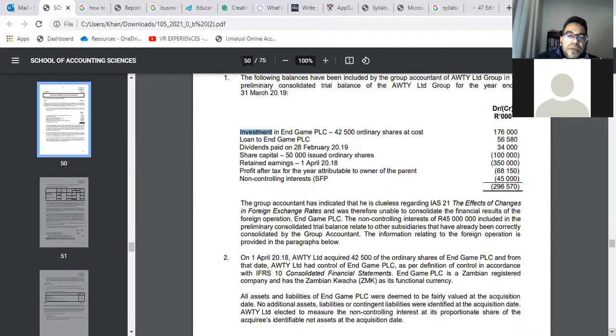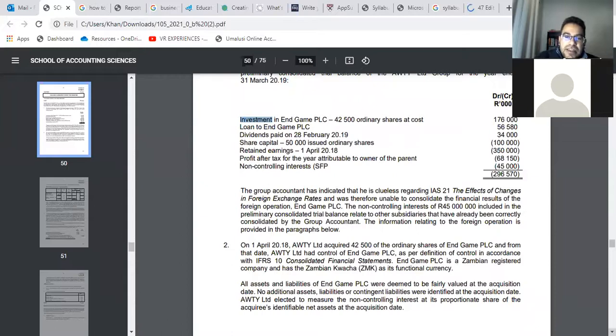They say the group accountant has indicated that he is clueless regarding IAS 21, the effects of changes in foreign exchange rates, and was therefore unable to consolidate the financial results of the foreign operation, Endgame. So now you know Endgame is a foreign operation. He consolidated everything besides Endgame because he does not know how to do it.